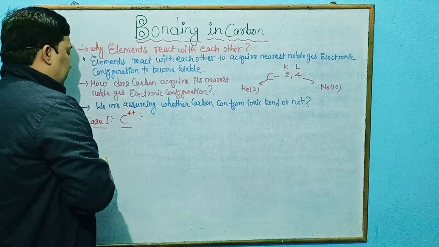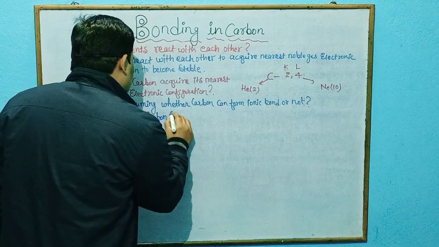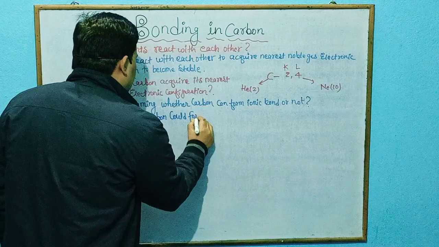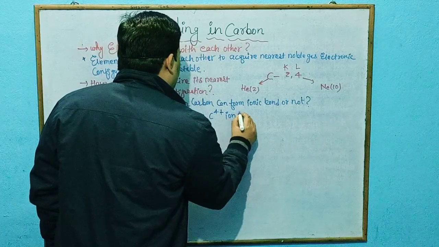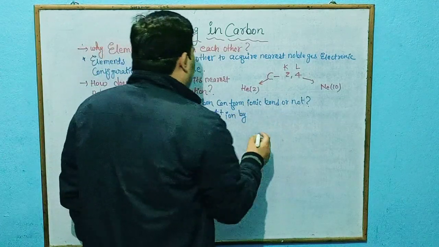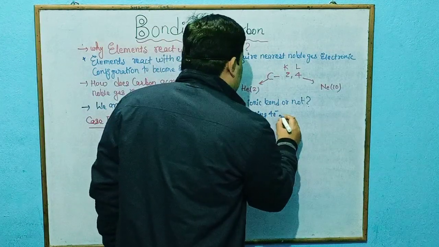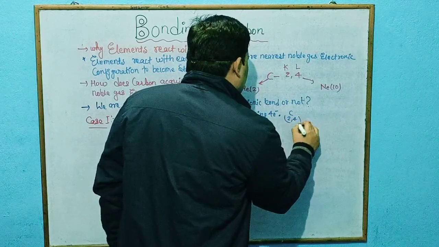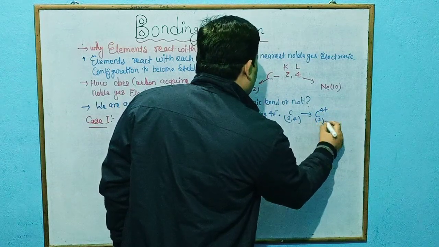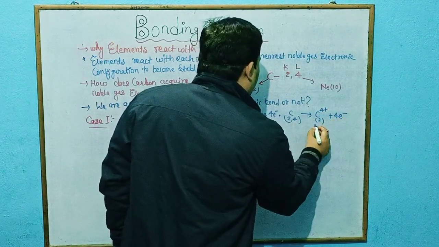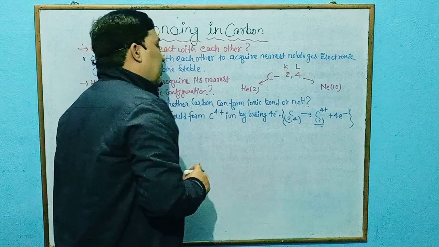Carbon could form a C4+ ion by losing 4 electrons. By losing 4 electrons, carbon could gain the nearest noble gas configuration of helium.